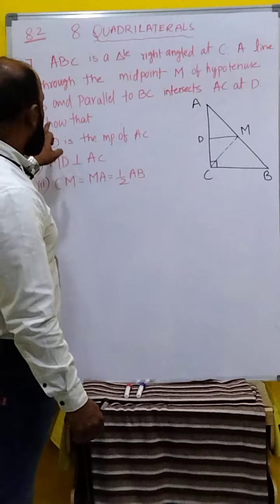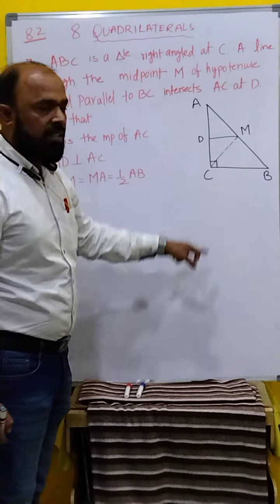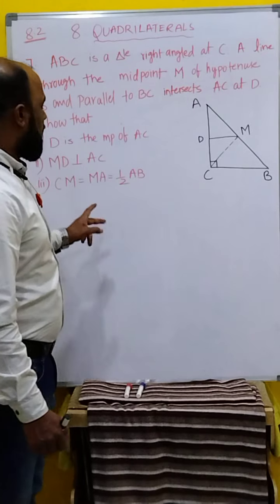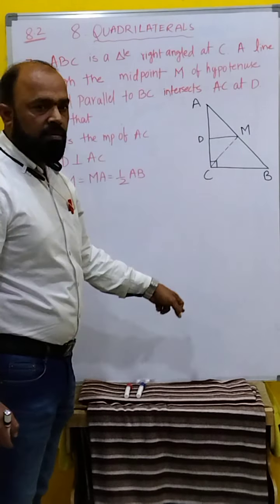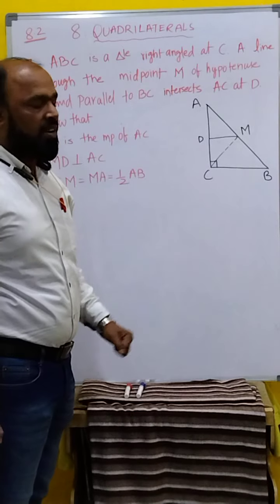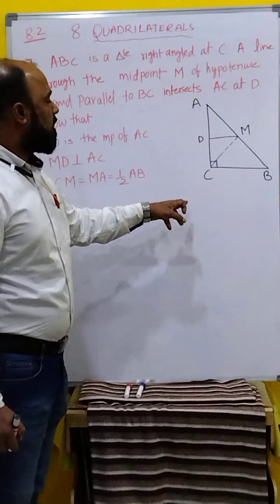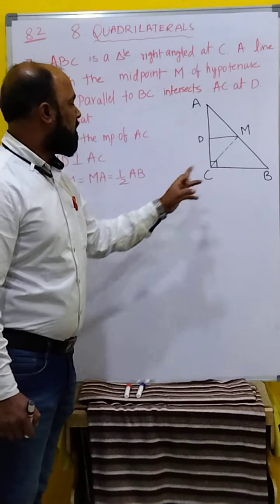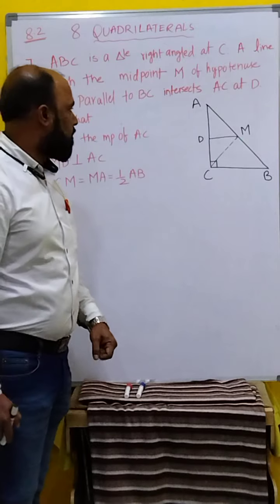First one, show that D is the midpoint of AC. And second one, MD is perpendicular to AC. Perpendicular means 90 degrees, we have to prove. And next one, CM is equal to AM is equal to half of AB. Clear children? That we have to prove it.